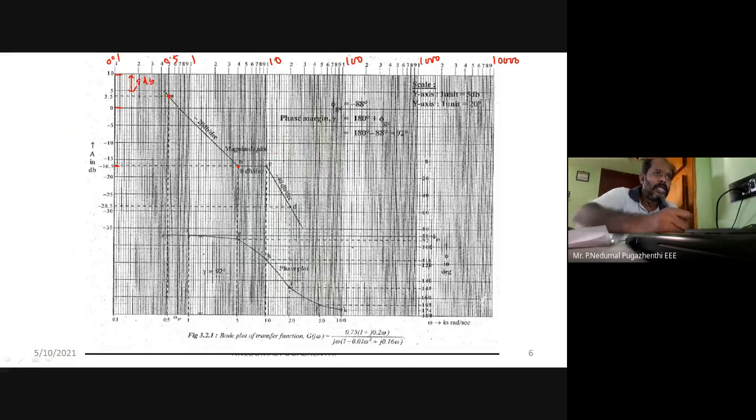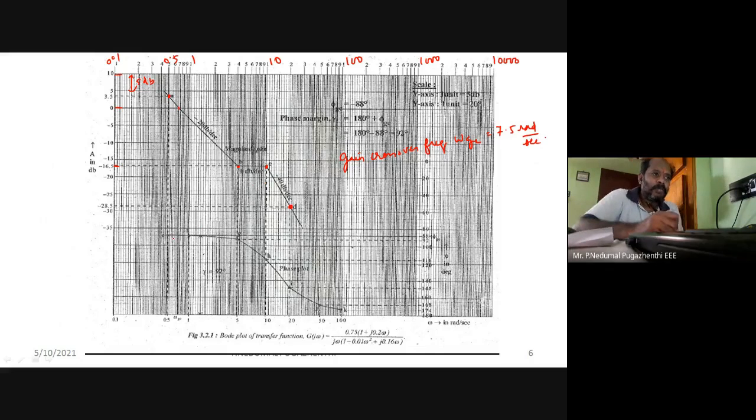So if you mark all these points and join the lines, you will get a crossing of the 0 decibel line nearly here, which is nearly 7.5. This is the gain crossover frequency, omega GC, equal to 7.5 radians per second.